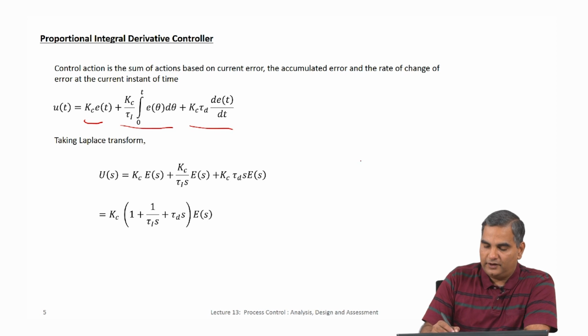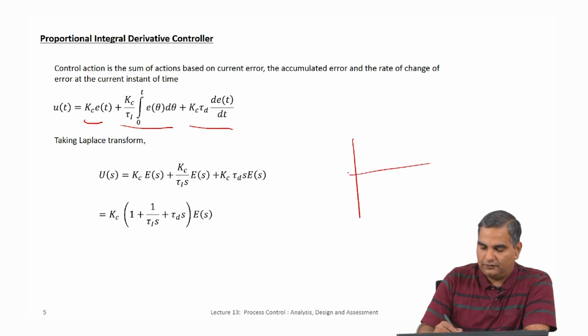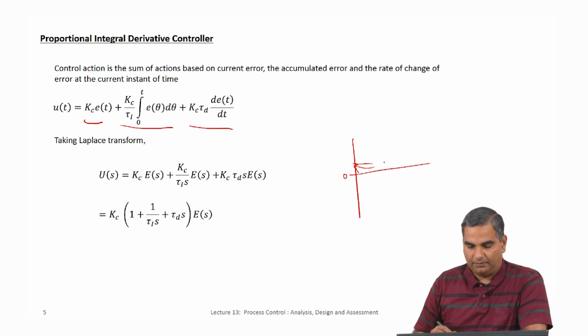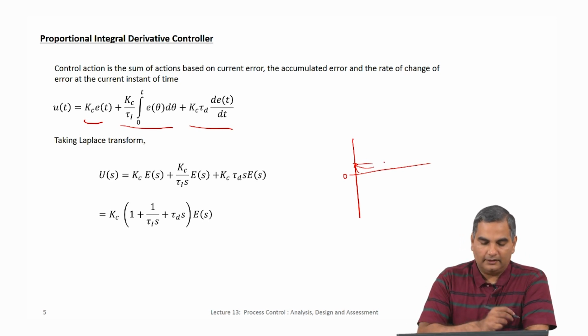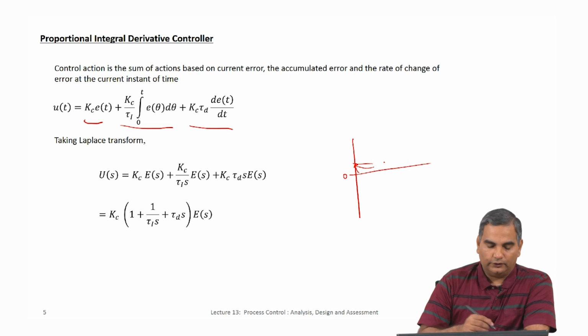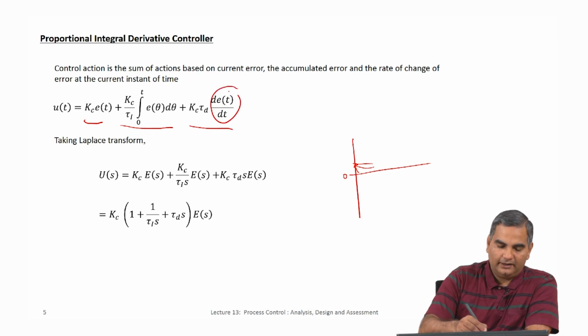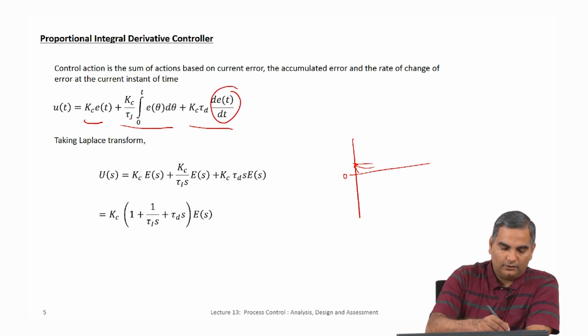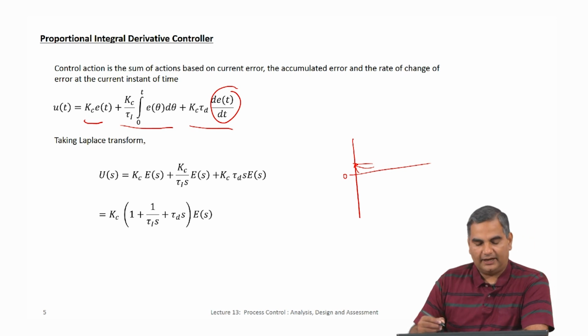So, this is a kind of a 0 line, and supposing I am here, which is error somewhere near 0, how fast I am dropping also matters. So, this is the rate at which this is dropping. So, I am going to make this proportional to the rate at which this error is increasing or decreasing. That is given by dE by dt, and I use kc tau d. This is again the standard form.